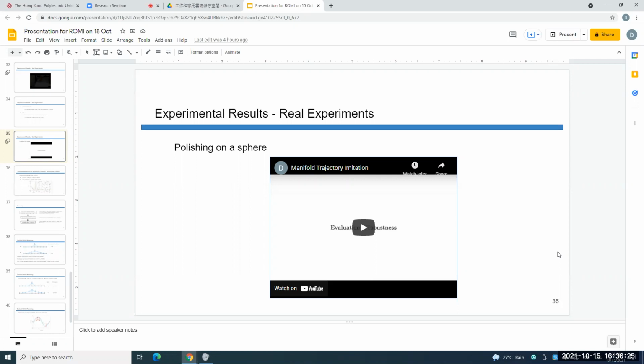I think it can be interesting to make the object soft, to manipulate it to track some given trajectories.